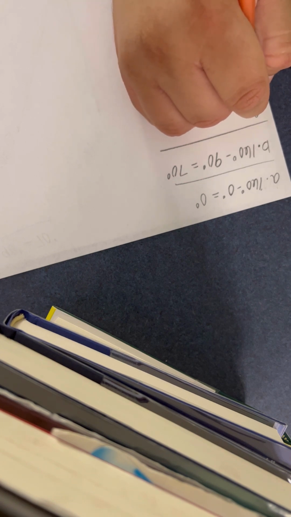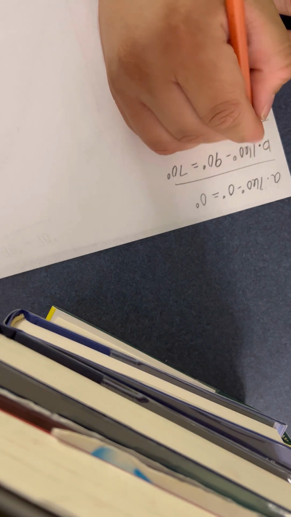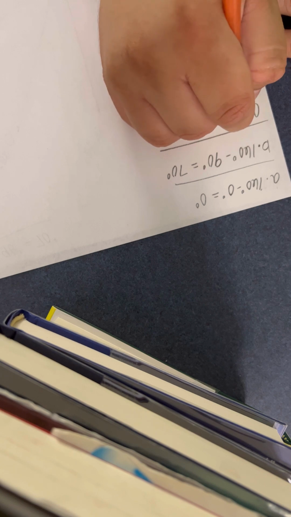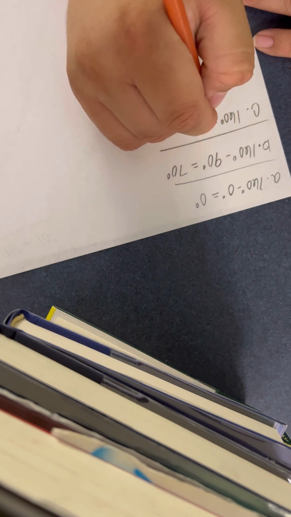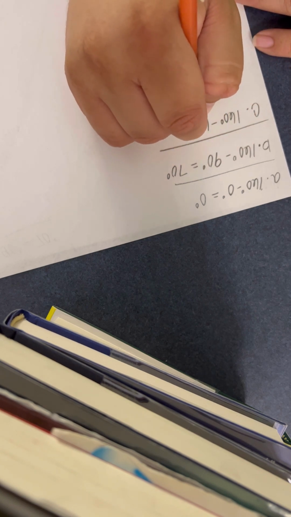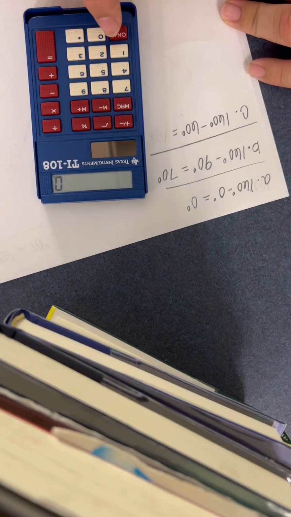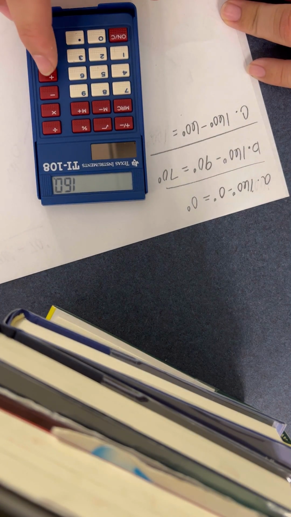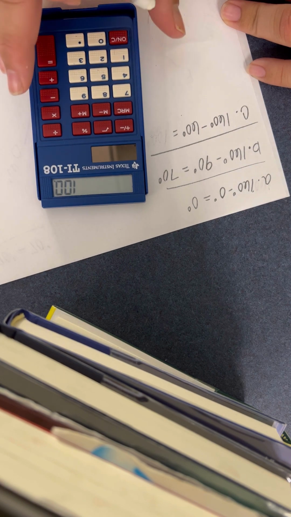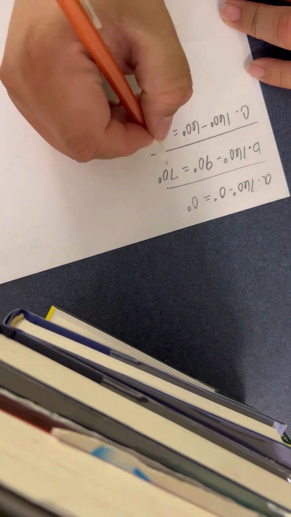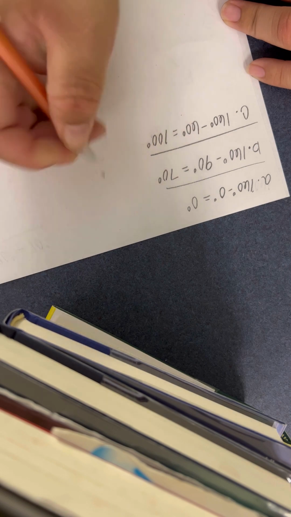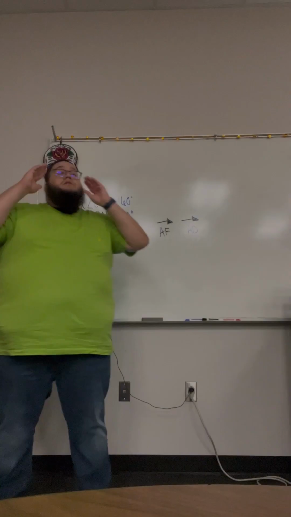We are going to subtract 160 degrees minus 60 degrees, and that's going to give you a grand total of 100 degrees. So your answer for part C is going to be 100 degrees.